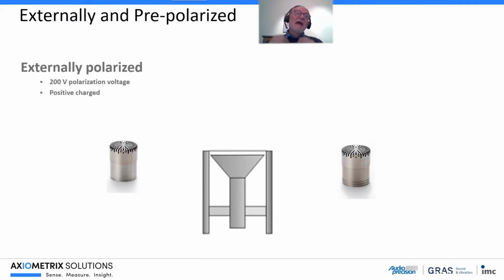This is a positive voltage, so we actually have a positive charge on our capacitor. It means that if we have a positive signal, then the diaphragm will come closer to the backplate.